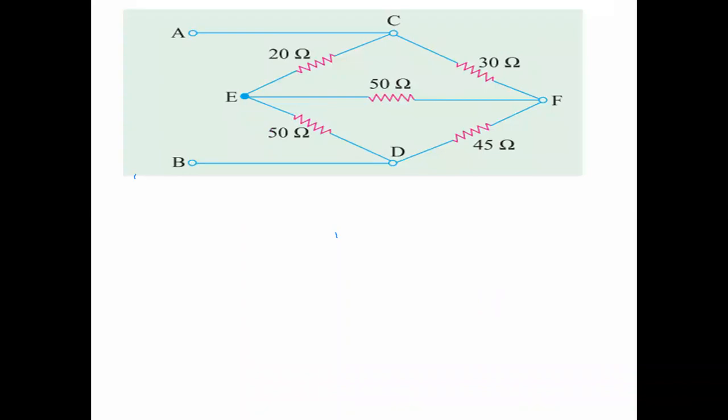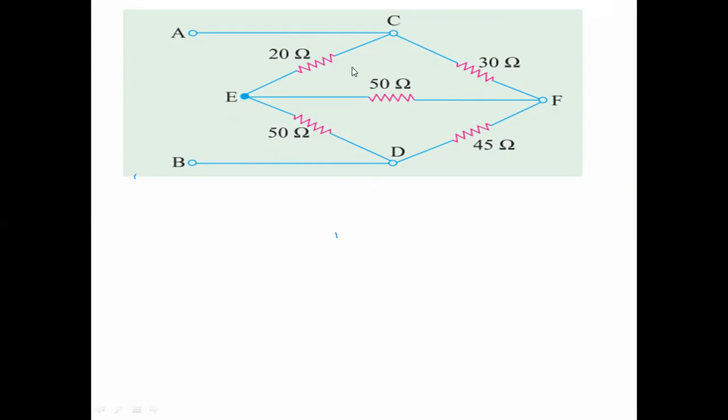See here, this is another one. First of all, you have to identify whether it has a star network or delta network, and whether it is required to convert from one form to the other. This is the formation of a bridge circuit.